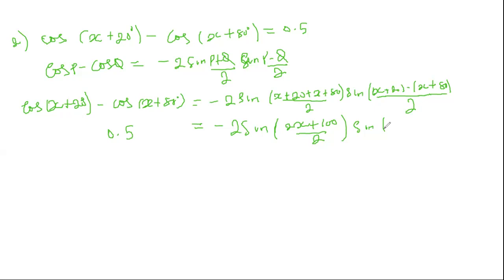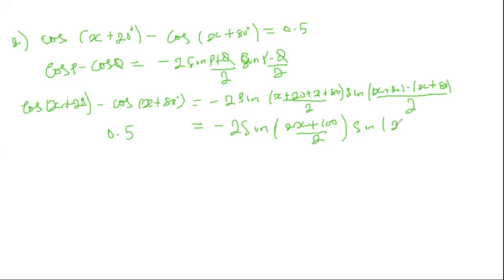Are you sure cos of p plus q is negative? It is cos of p minus cos q, yes. So here we shall have x minus x, that gives us 0.